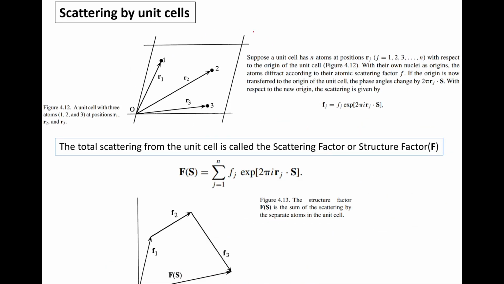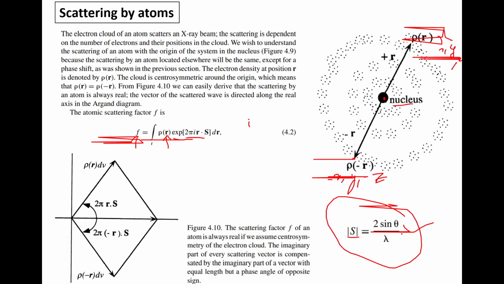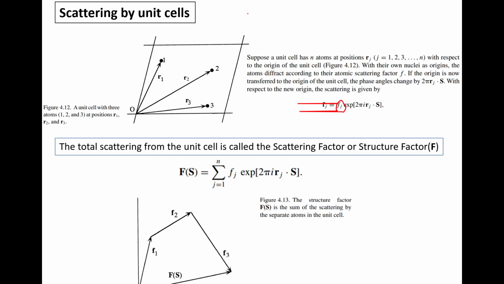So now we are going from the atom into the unit cell. We are coming larger, right? From the atomic scattering factor we got, now there will be different atoms inside this unit cell, and we take an origin present in this unit cell. In the previous one, the origin was the nucleus of the atom. Now, when you are calculating, you have a shift in the origin because there are now individual atoms.